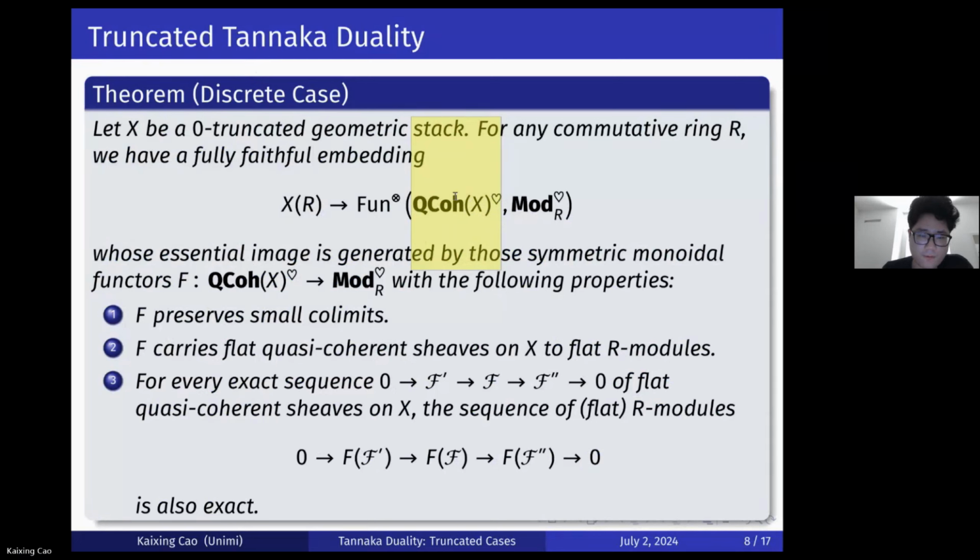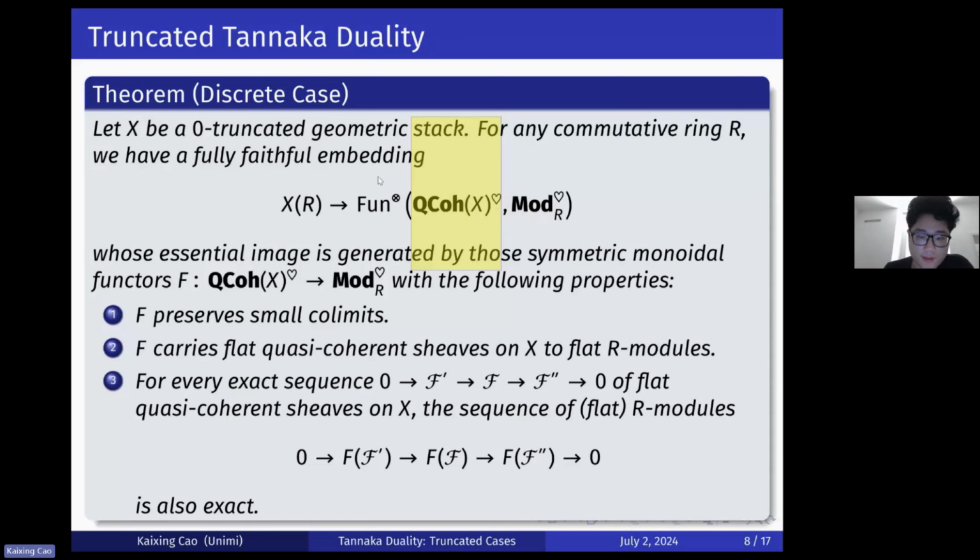So we can recover a geometric stack from the quasi-coherent category, this infinity category with its t-structure. So if we take the heart of this t-structure, we get this abelian category, the heart of QCoh(X), and this encodes the information of the t-structure on the quasi-coherent category of X.